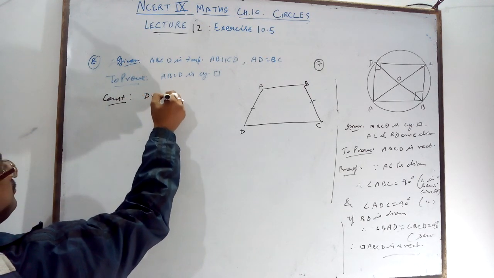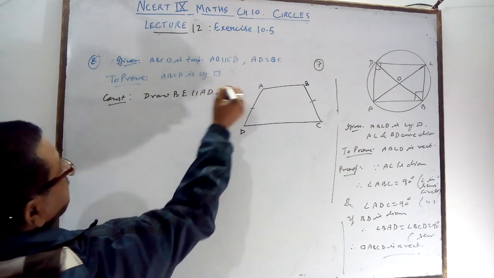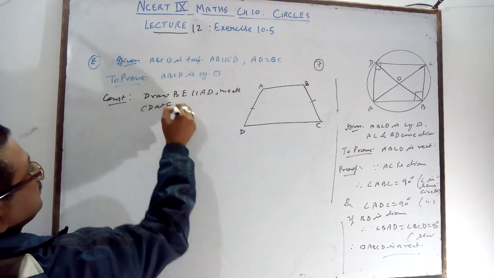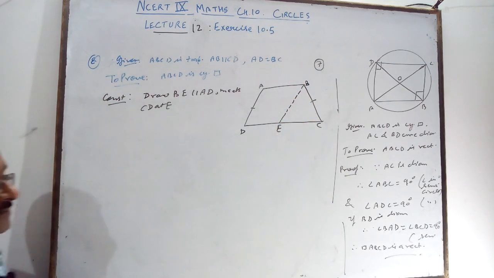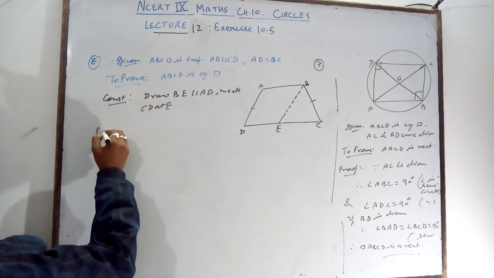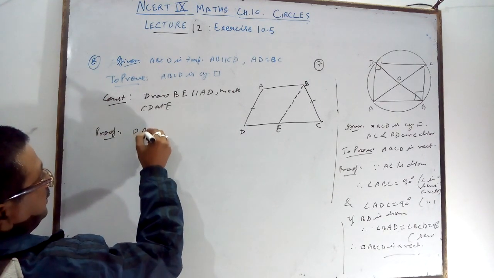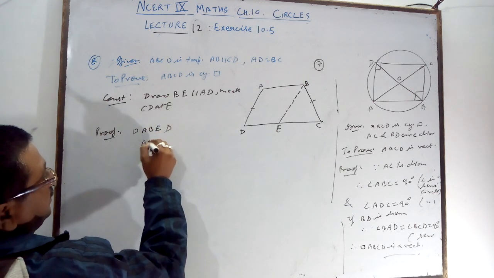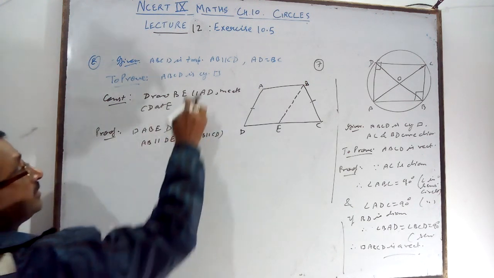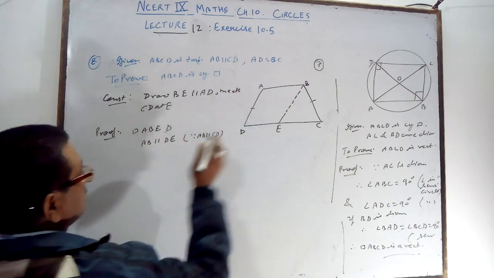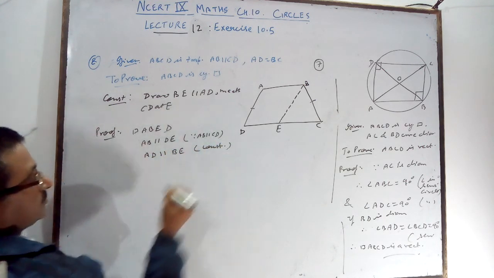Construction for this proof: draw BE parallel to AD, meeting CD at E. Proof. In quadrilateral ABED, AB is parallel to DE because AB is parallel to CD, and AD is parallel to BE by construction.